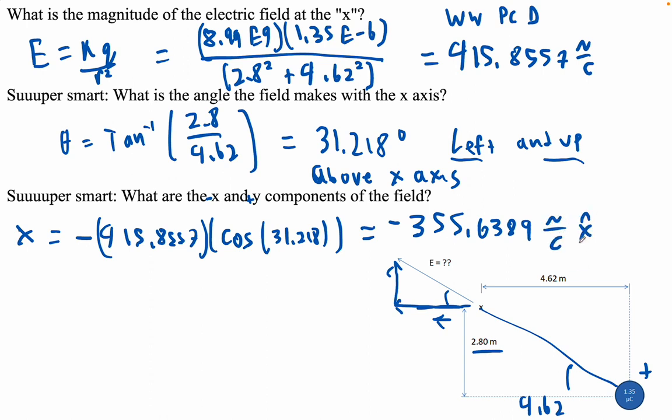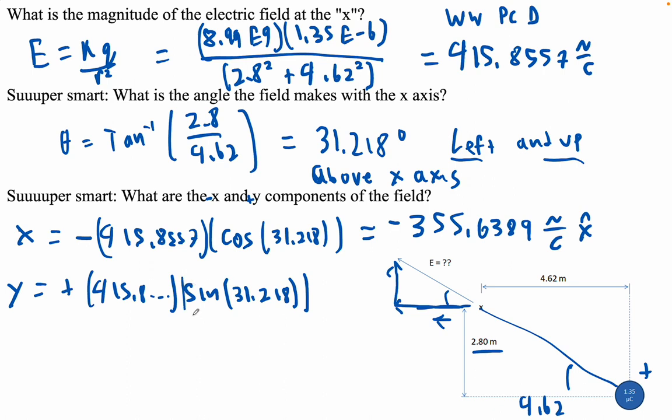That's ridiculous sig figs. Really, I would use a spreadsheet is what I do. And then my y component is going to be positive 415.8 times sine of, and I always find the angle with the x-axis, by the way, when I'm doing these. Because I know that if I vary from that, I'm such a spaz that I'm going to make one little mistake and then I'll be in trouble.